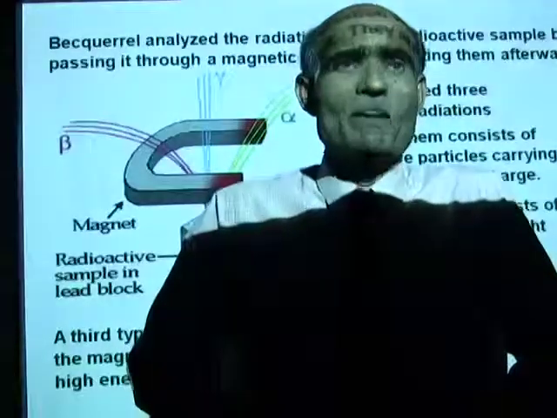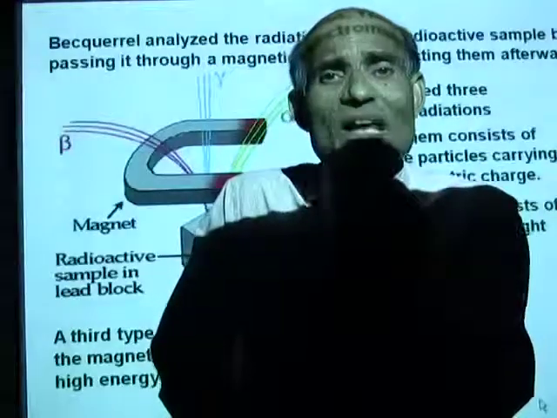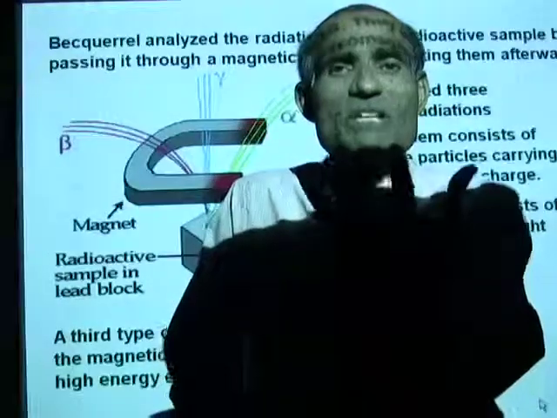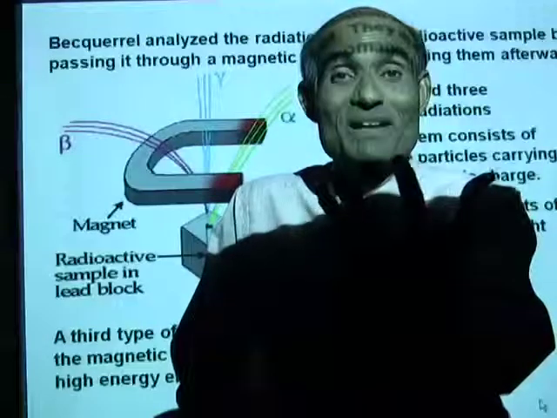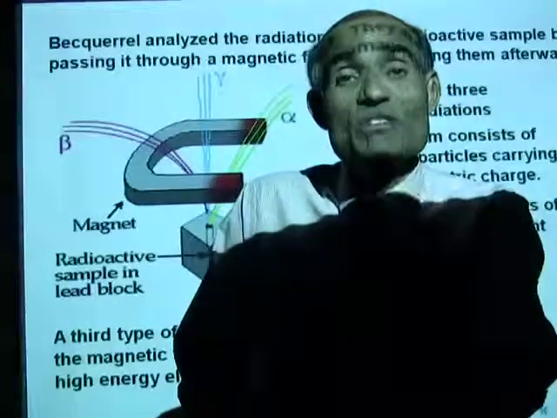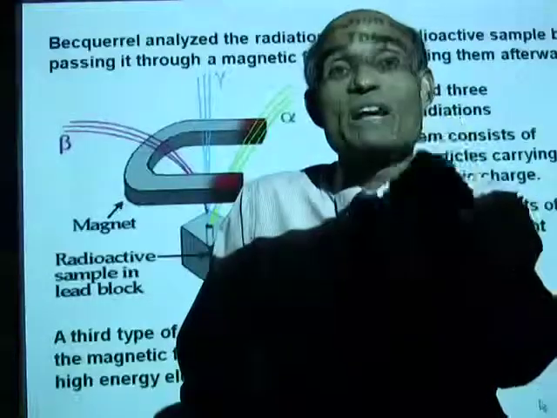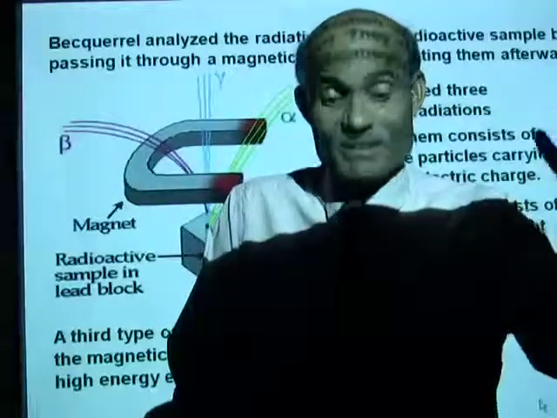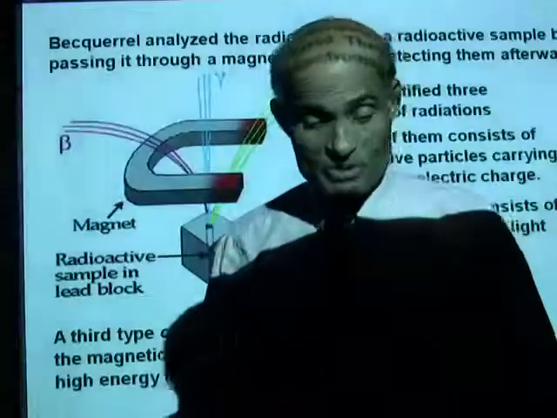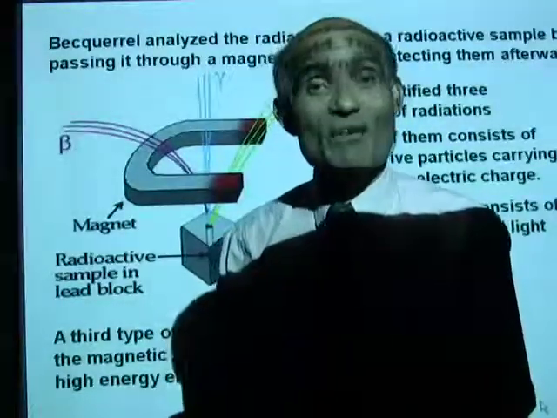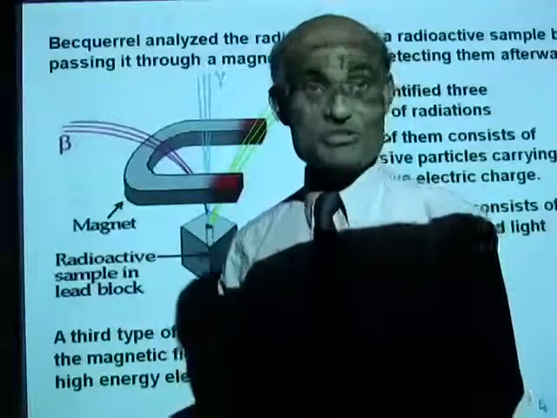Now, give me some very high energy electromagnetic radiations. Give me the names of a couple of those. Well, very high energy electromagnetic radiations are X-rays and gamma rays. In fact, these radiations emitted as a result of radioactivity are actually gamma radiations.